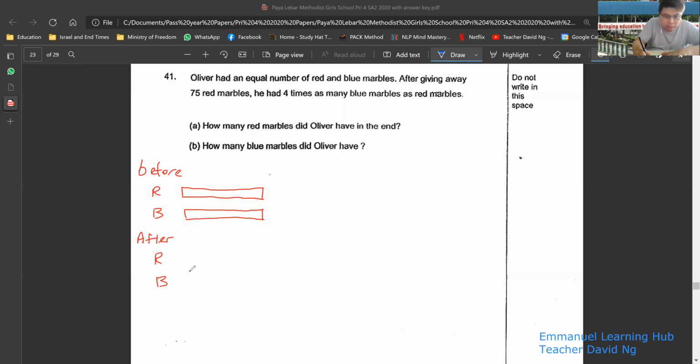He didn't give away blue marbles. Yes, it can be the same length, because blue marbles have no change. He only gave away red marbles. Make sense to you?